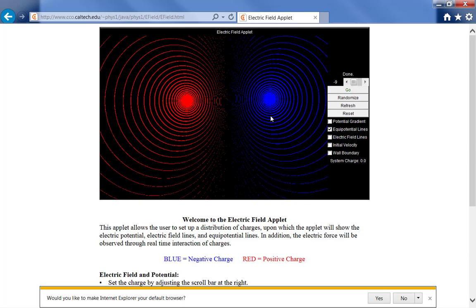So potential behaves very differently from what field did. And a good portion of that is the fact that it is a scalar as opposed to field, which is a vector. We will look into this more in the next unit.